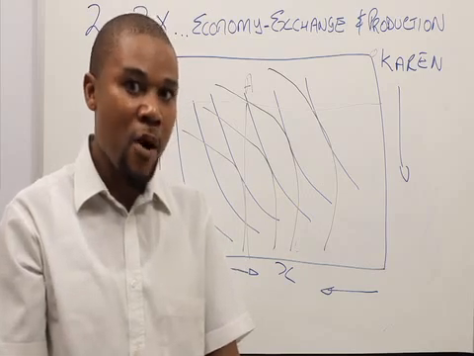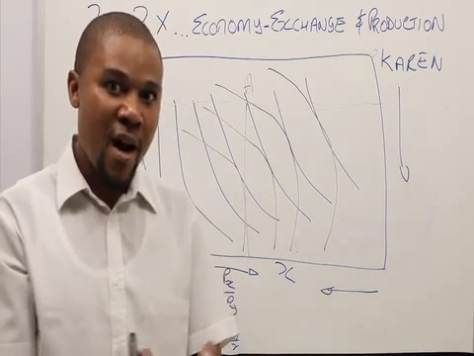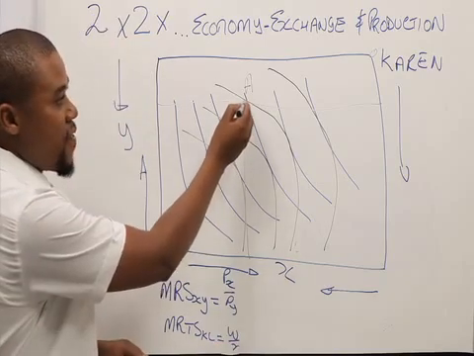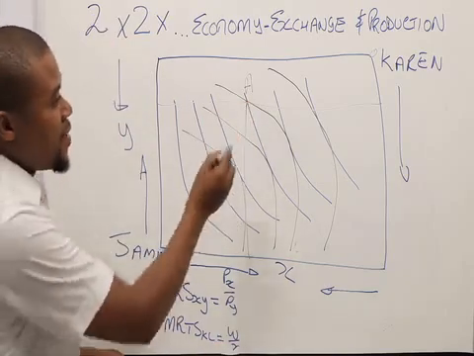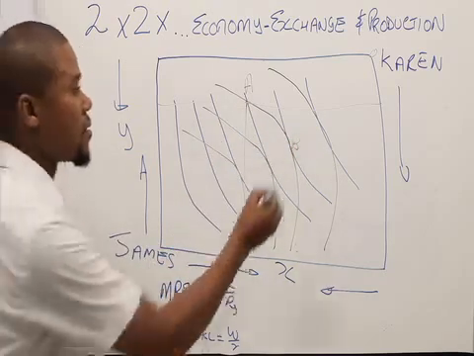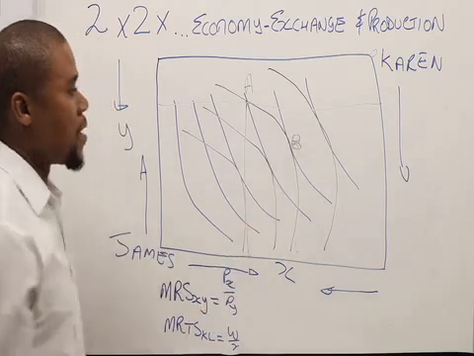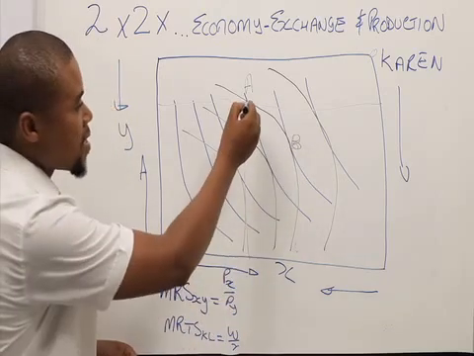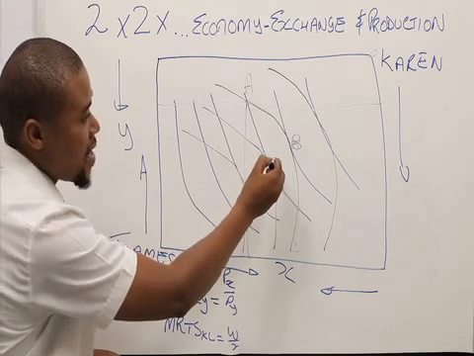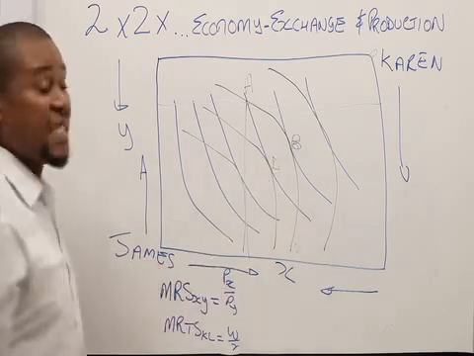And that would come about because they came together, they bargained, and they traded. So say they started off there at point A, and they traded to some point B. Or they could have started at this point and traded and ended at, say, a point D.